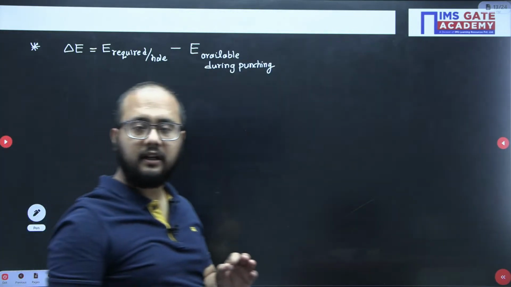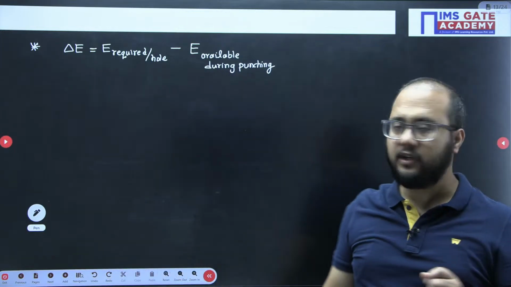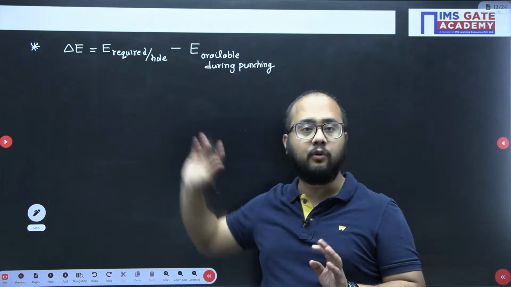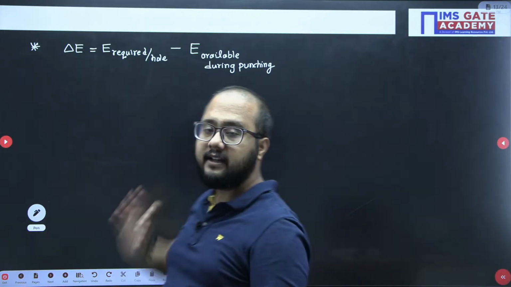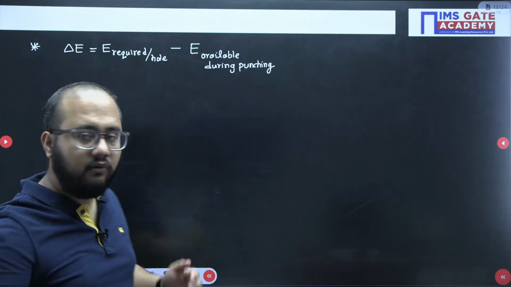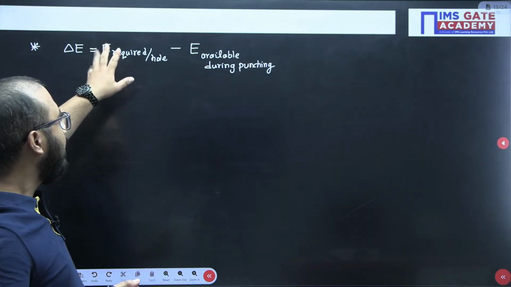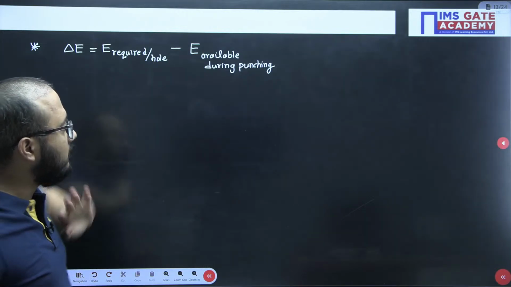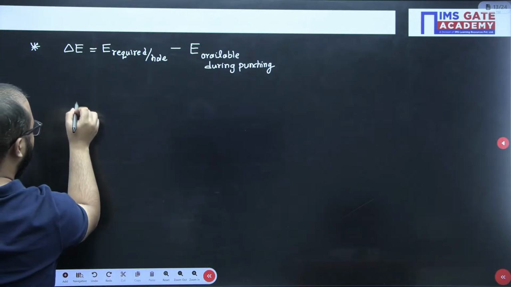Is this point clear, everyone? Energy available during punching, and this is energy required per hole, right? So if I take the difference, I will get the fluctuation in energy. Now, individually, I need to know how I will calculate energy required per hole and energy available during punching. So one by one, we will discuss this part also.